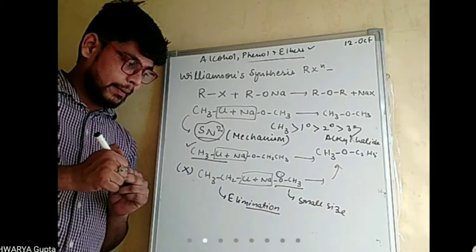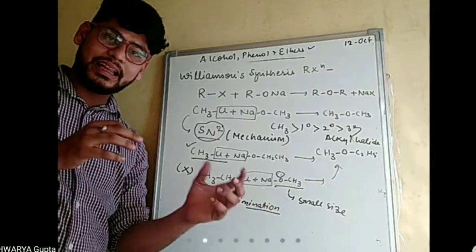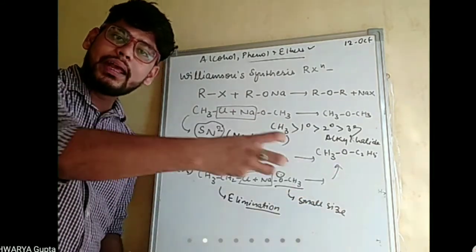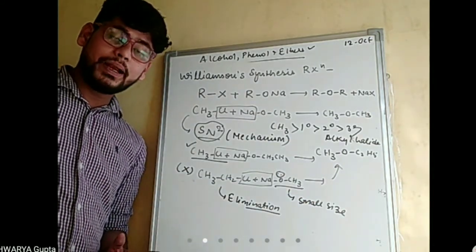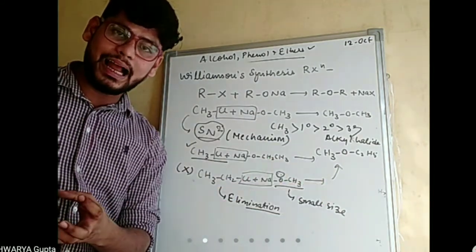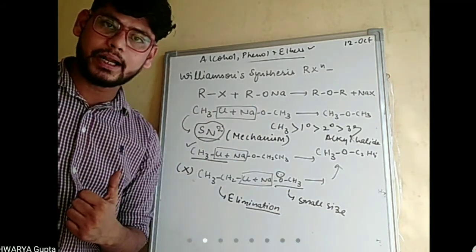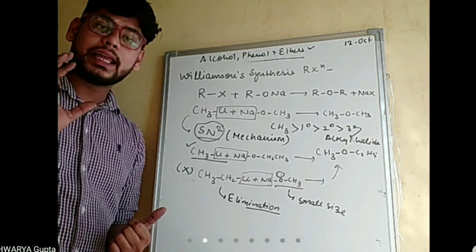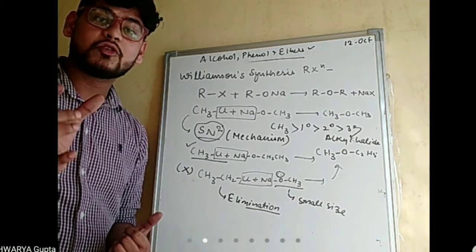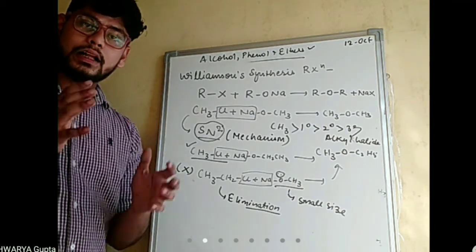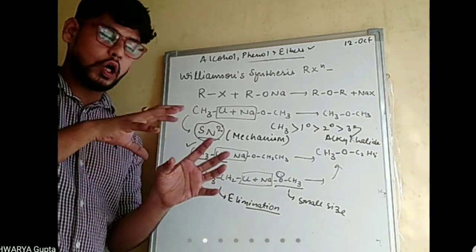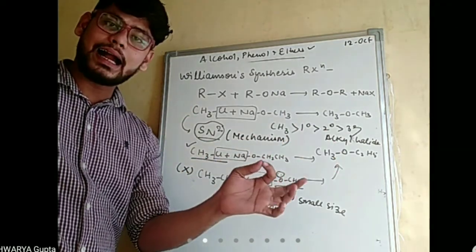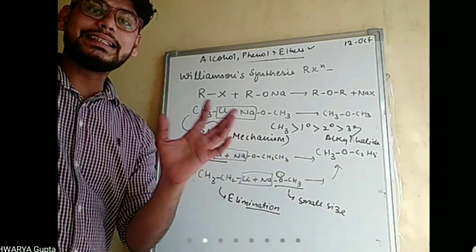Being small in size, it will not face a lot of steric hindrance. So it can go and abstract the beta hydrogen. If it is abstracting the beta hydrogen, it means the elimination reaction may occur. So we will always take the alkyl halide part small. Is it clear? Out of all the alkyl groups that will be possible, we will take the alkyl halide part with the least number of carbon atoms.